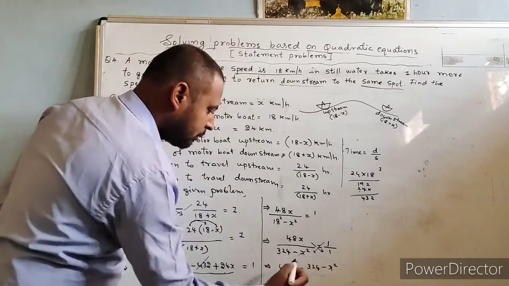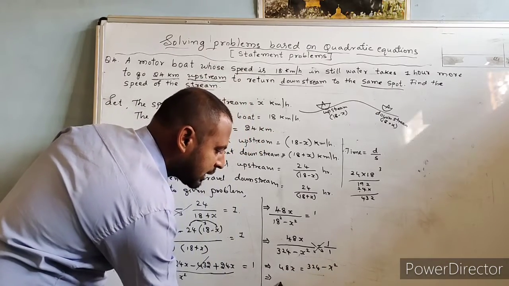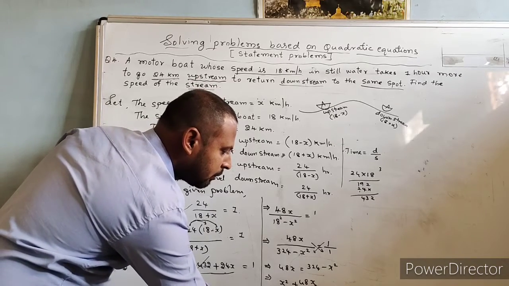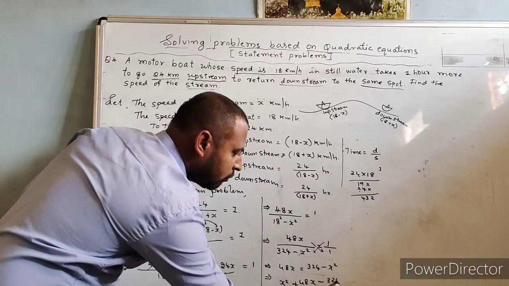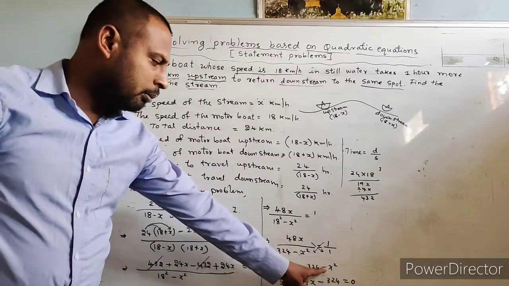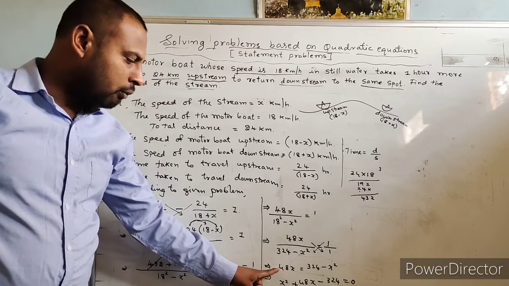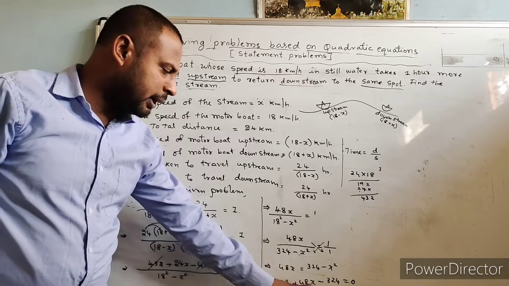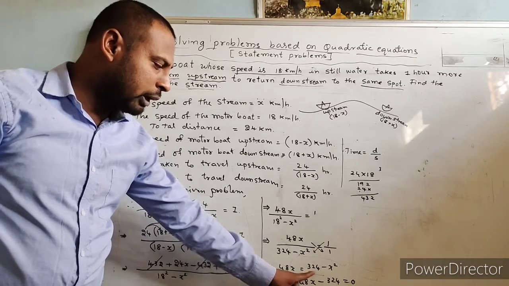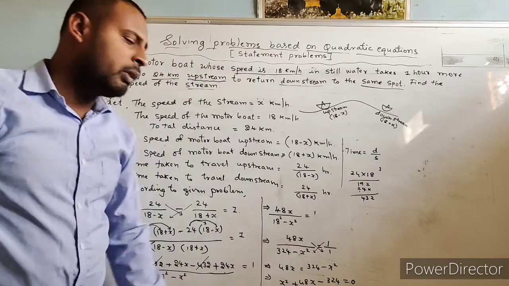So it is written as x square plus 48x minus 324 is equal to 0. Minus x square becomes plus x square, 48x is already on the LHS, and 324 moves to the LHS, so it becomes minus 324 is equal to 0.